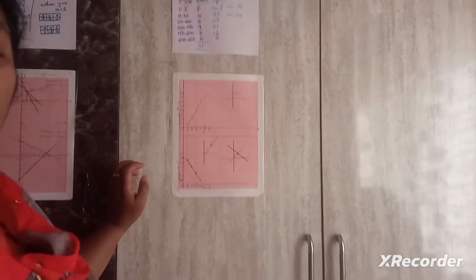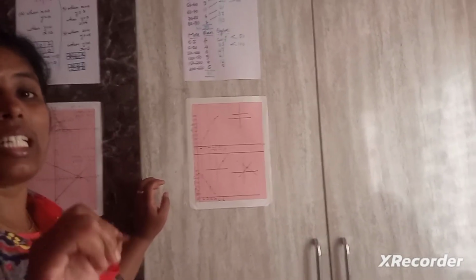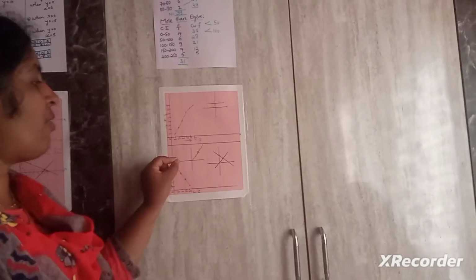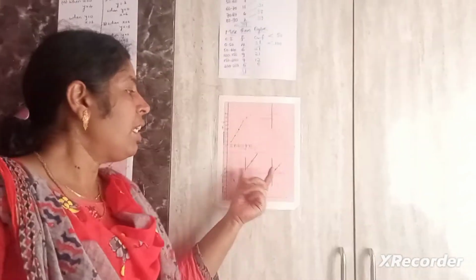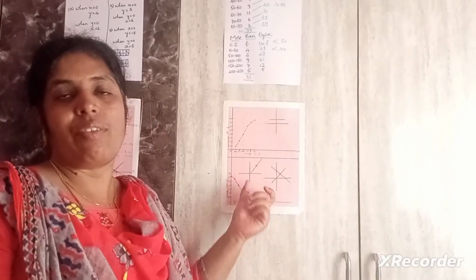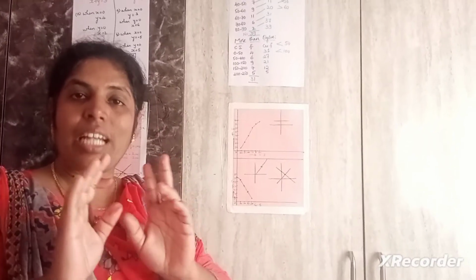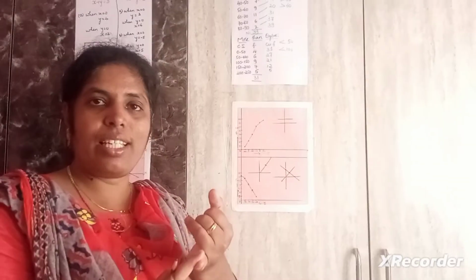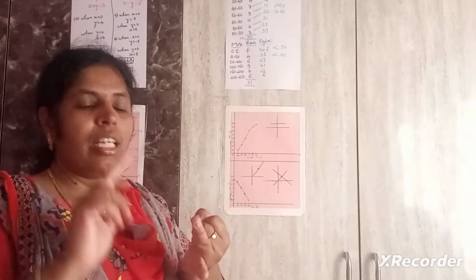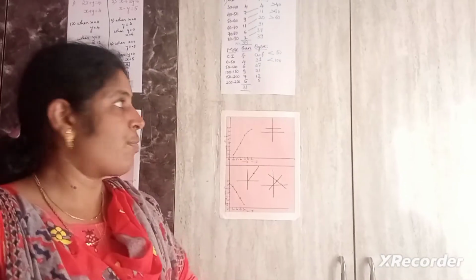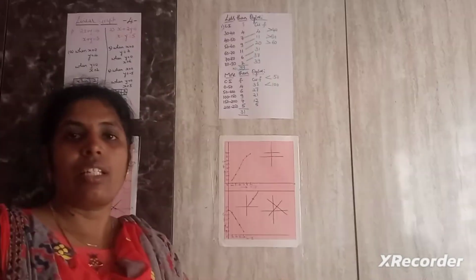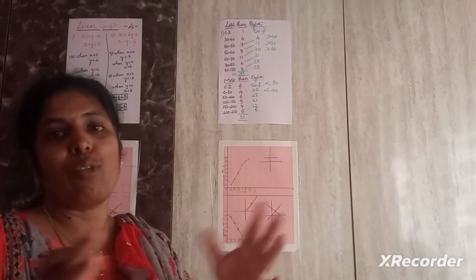Coincident graph, that is also a consistent graph, because every point behaves as a solution there. Consistent graph has two types: one is unique solution, intersecting lines; the other, coincident lines, infinitely many solutions. Both are consistent graphs. Then parallel graphs are inconsistent graphs, no solutions.